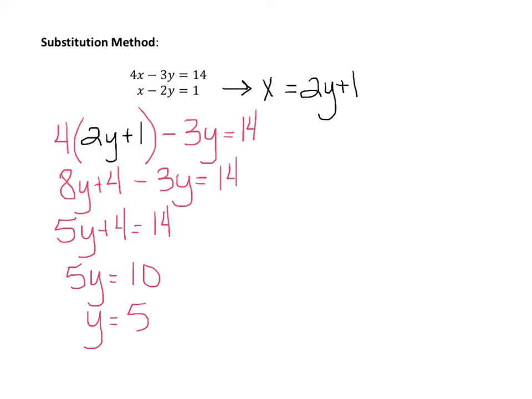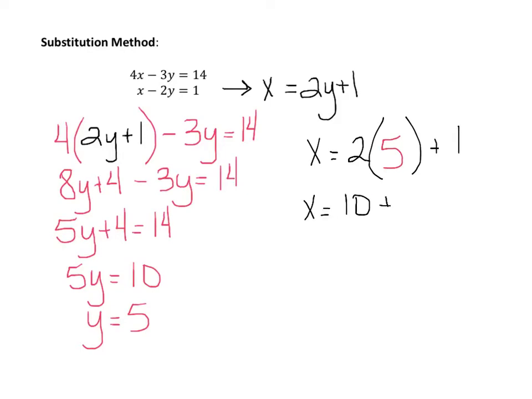So I now take this and I put it way back up here so that I can find out what x is. So the solution to this system is the point 11, 5.